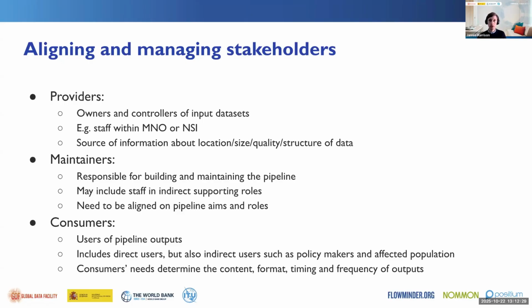So for example, if the outputs of the data pipeline are needed as input into a monthly alignment meeting, then that would affect the timing of when those outputs need to be ready. And then, of course, that pushes all the way back through the pipeline. So the requirements on those outputs will then affect the requirements of all of the intermediate processing steps and so on.